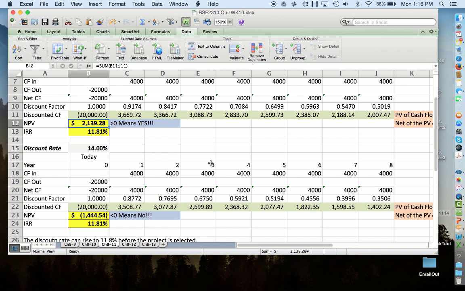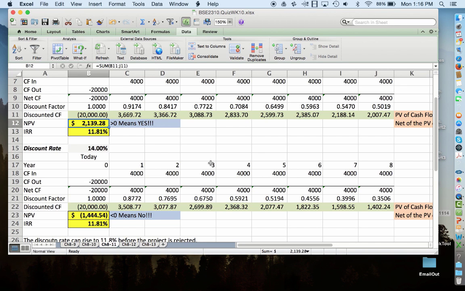Exactly. So when you think about this project, 11.81% is the maximum, because that's where the NPV equals 0. So we can use a discount rate all the way up to 11.81.